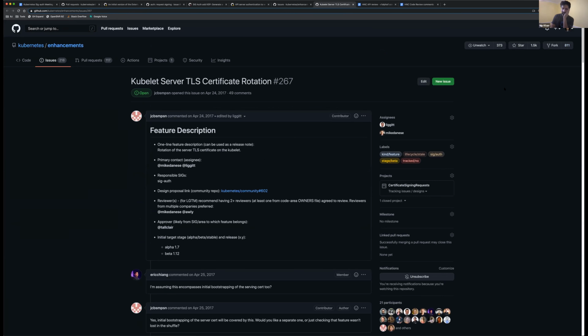Right, the CSR API we won, but Jordan, I think the only remaining question was whether we wanted to try to get some sort of approval mechanism in place. So right now, the kubelet will rotate the certificates, but there's nothing in tree that will approve those certificates because we don't have knowledge of what DNS names the kubelet is allowed to have.